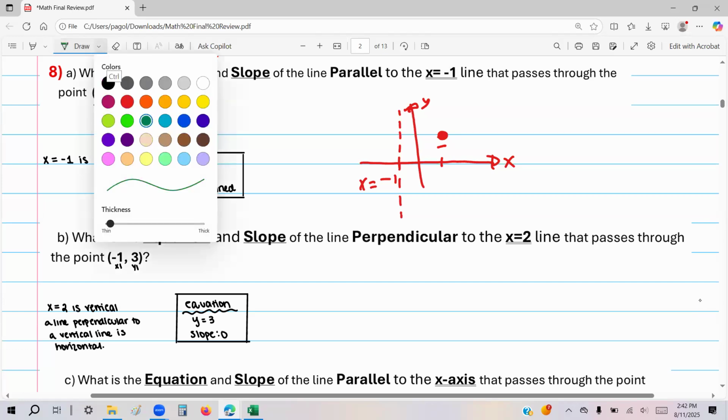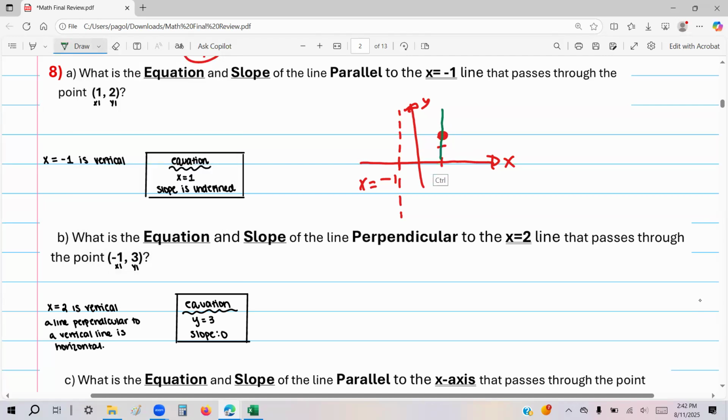So you have to draw a vertical line that goes through this point. What's the equation of this line? x equals 1. So x equals 1 and x equals -1, they are parallel lines. And what's the slope of any vertical line? Undefined.